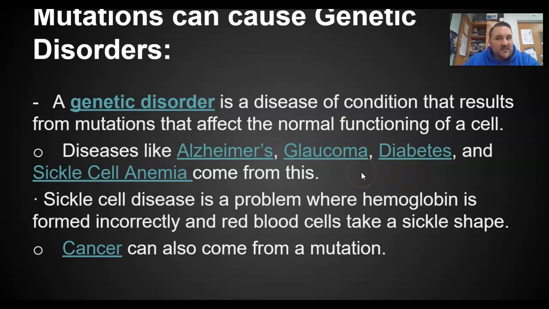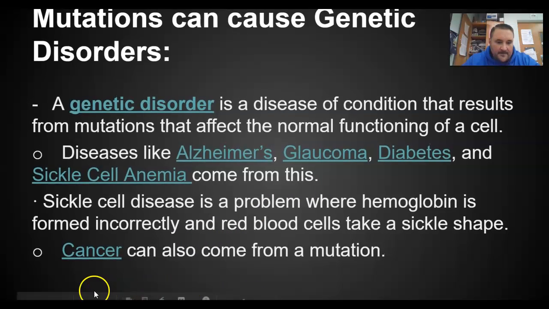Sickle cell anemia is a disease in which the hemoglobin forms incorrectly and it doesn't carry oxygen well, and it causes the red blood cells to form a sickle shape. And then, unfortunately, cancer, which so many of us are affected by cancer today. Whether you've had it or if you know somebody who's had it or lost somebody who's had it.